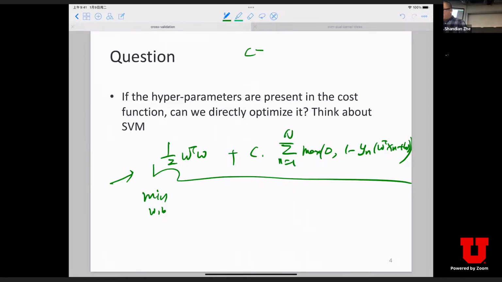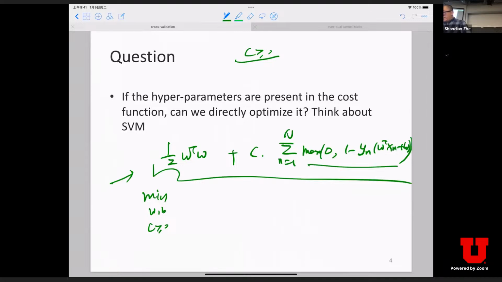No, C is non-negative. We put a constraint that C must be non-negative. So I'm just asking, what if I jointly optimize W, B, and non-negative C over this SVM objective? What kind of optimal value for C can we get? Yeah, it will be 0.